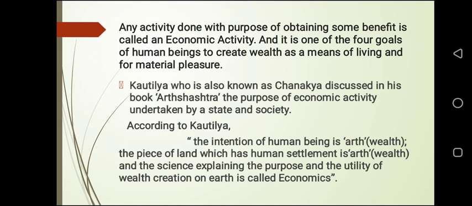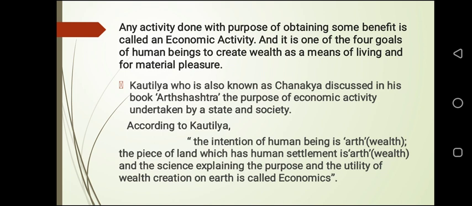Now the science which is explaining this purpose, what are the principles working for this particular purpose, and what is the utility, or what is the usage, we can say, for the creation of wealth on this earth, is called as what? Economics. So it's a very long definition, but it is a very simple concept: anything which human beings do, anything which human beings want to achieve, is because of some purpose, some intention, and what they have achieved is known as wealth.